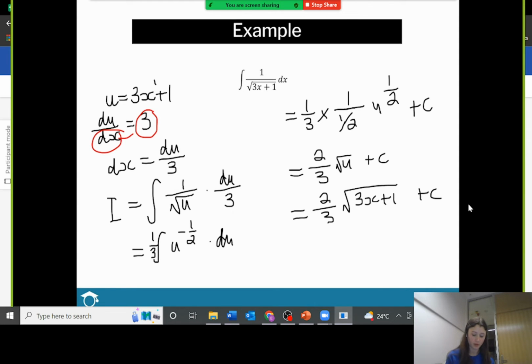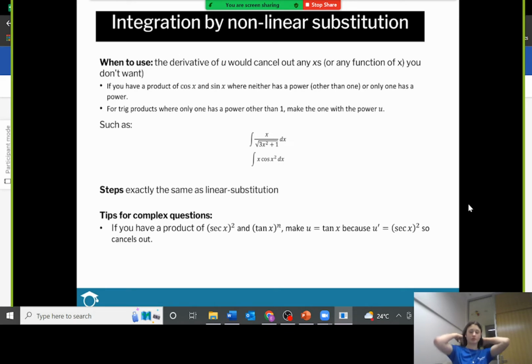So, let's get on to integration with nonlinear substitution. We're going to use integration by nonlinear substitution when the derivative of u would cancel out any extra x's or any extra functions of x that you don't want.